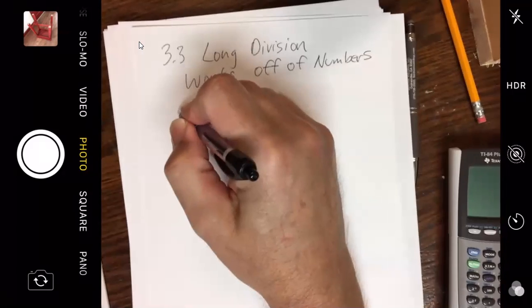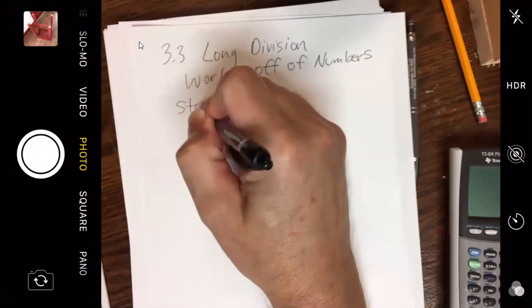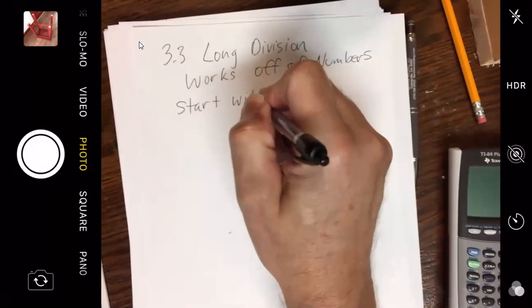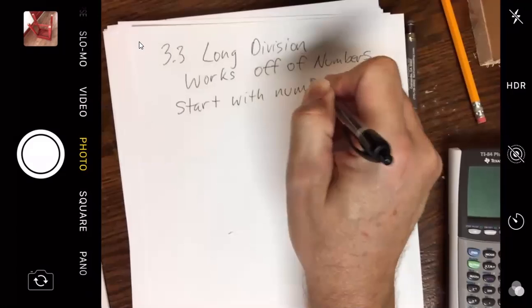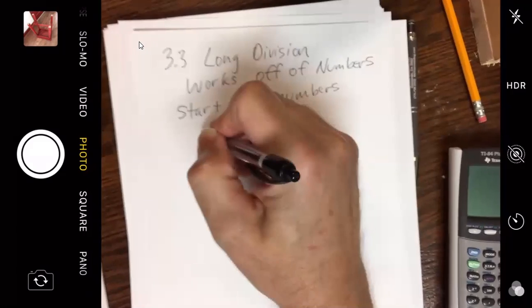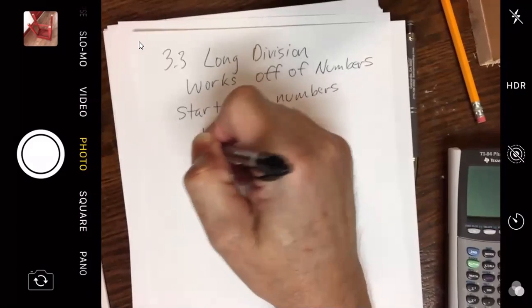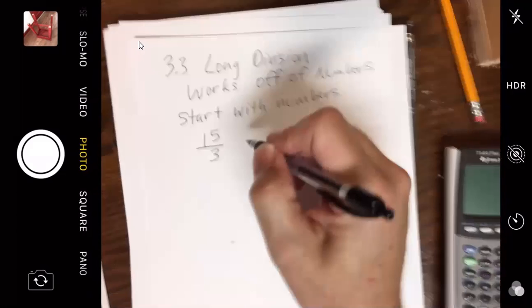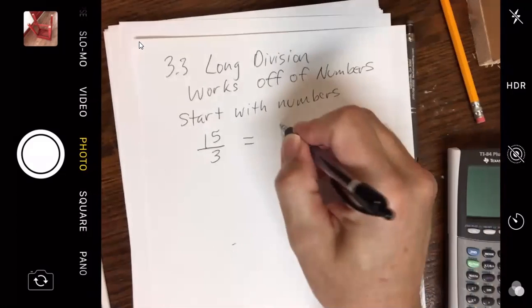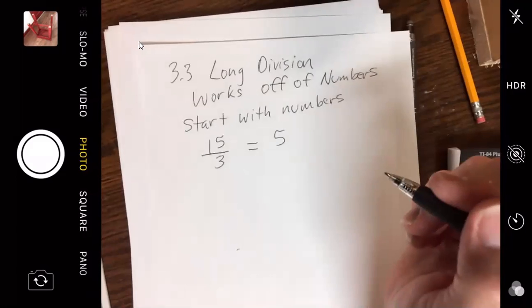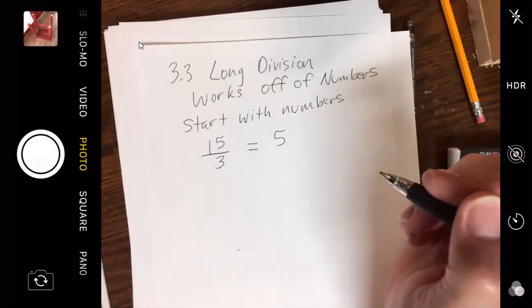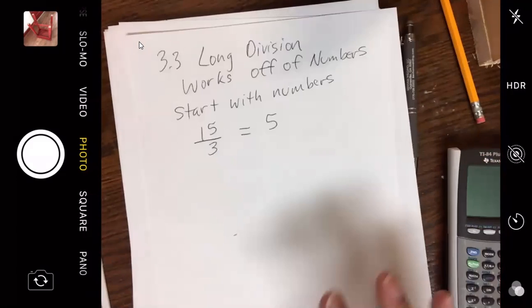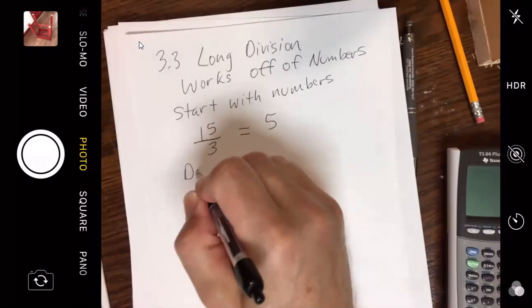All right, so we'll start with numbers. If I take 15 and divide it by 3, everybody can kind of do numbers in your head. You know I get 5. Okay, let's do it the long way.